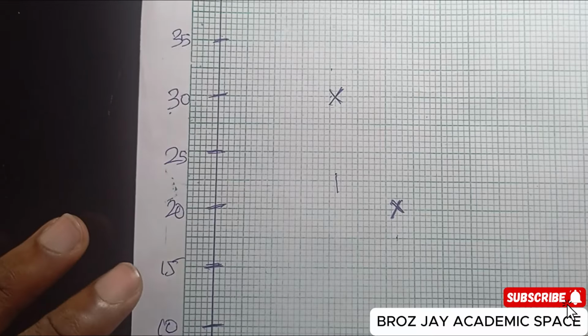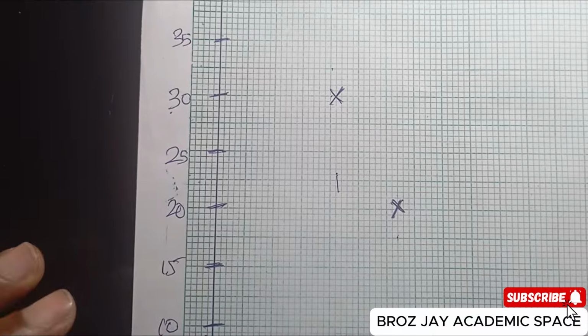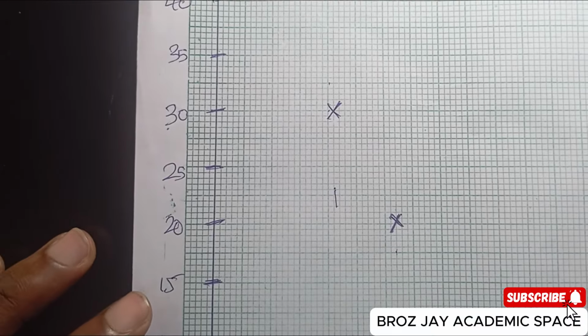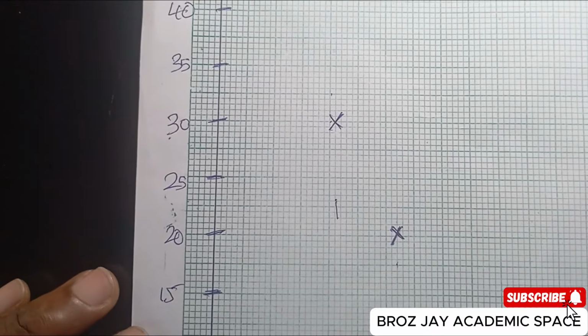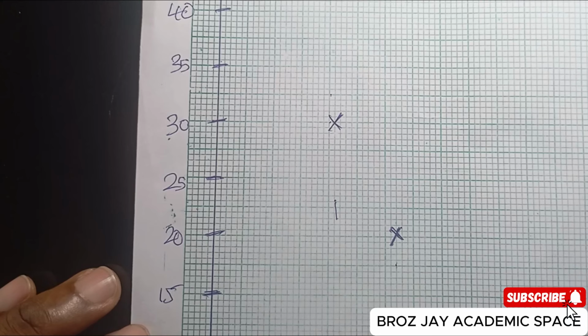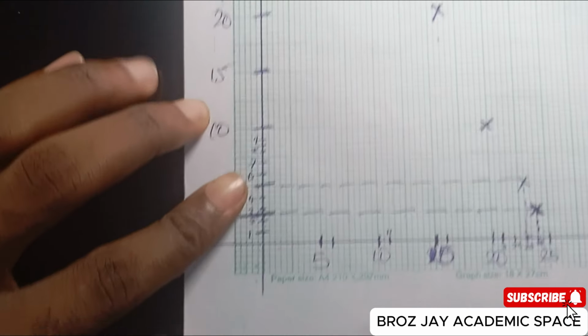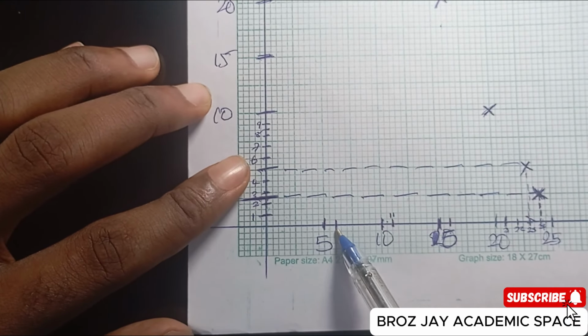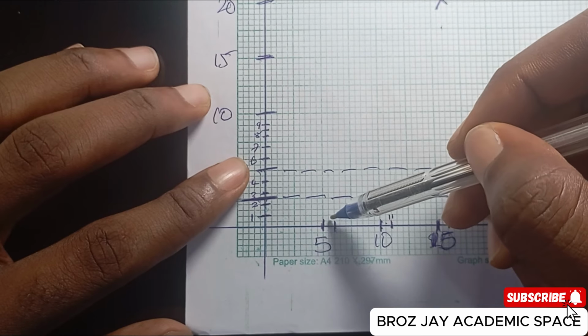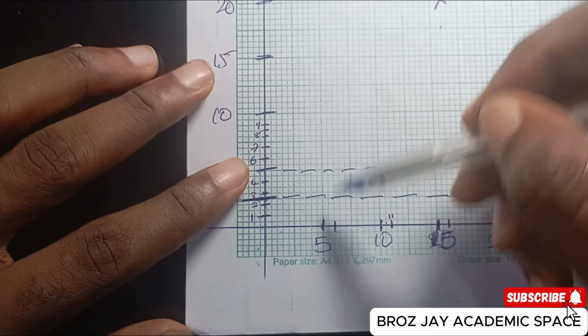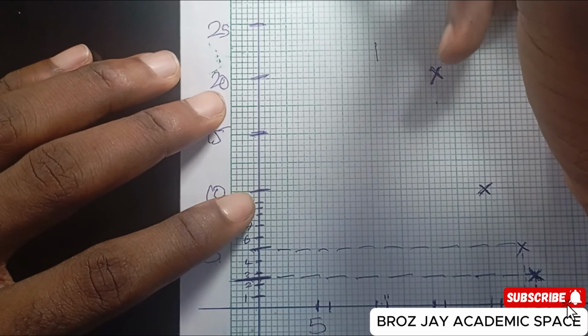So the last one is 40 under 5.3. So this is 5. The next bold line is 6. The next two bold line, this is 5. The next two bold line is what? 6. So let me pick from the middle.